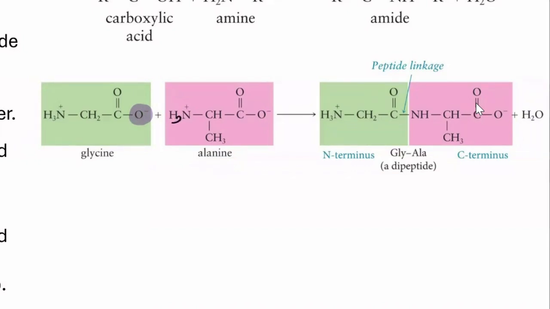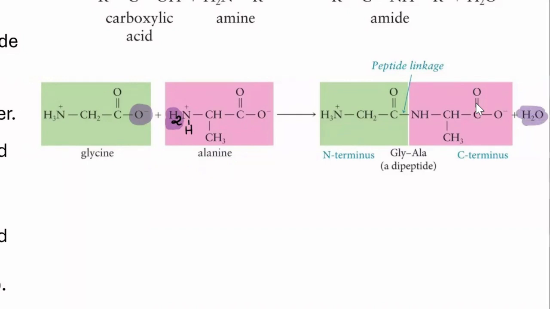Let's put it as NH2, and then let's put the third original hydrogen as an extended bond. So the oxygen atom in the glycine will combine with two of the hydrogen atoms from the next amino acid, and the combination of O minus and two H's is going to make water.